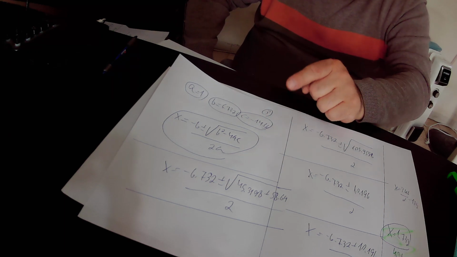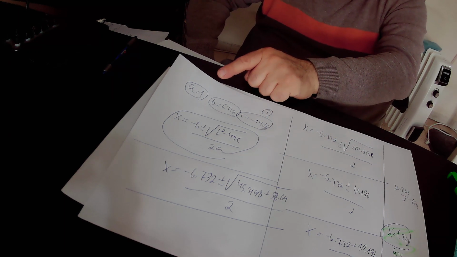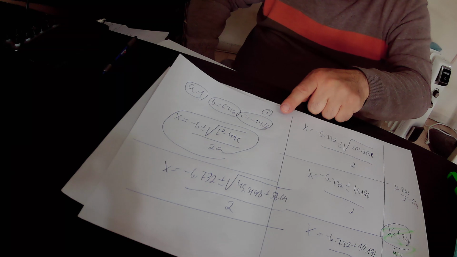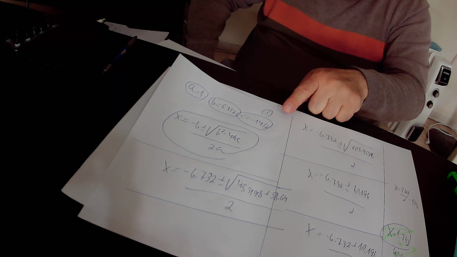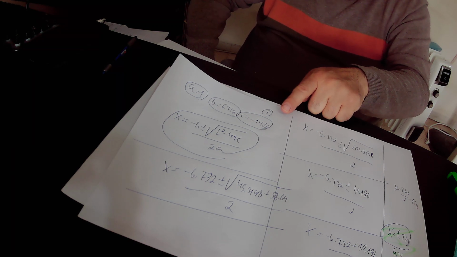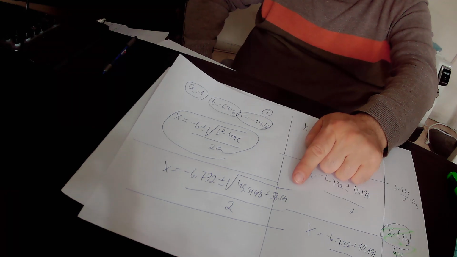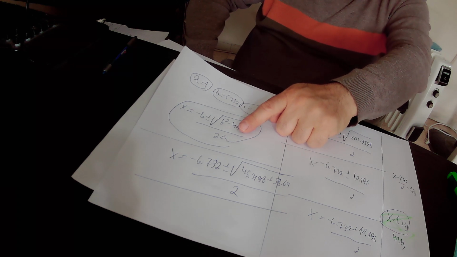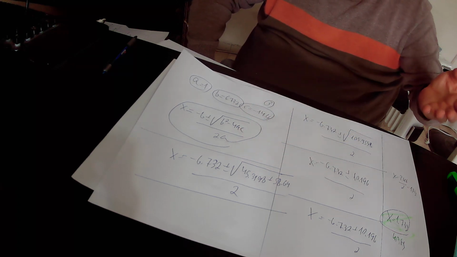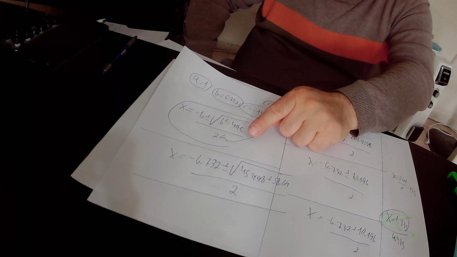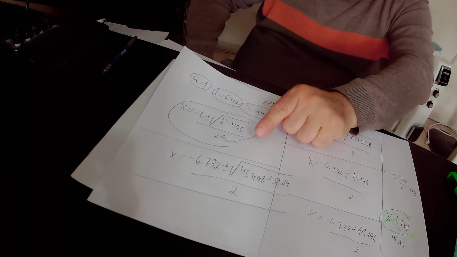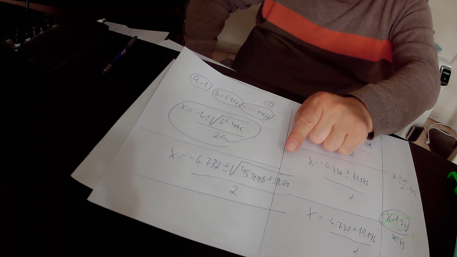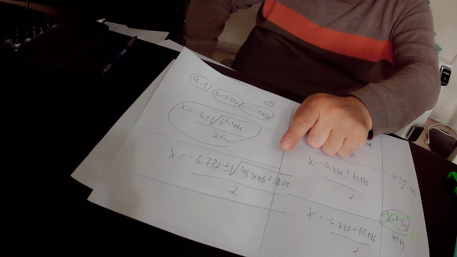So it is minus 4 times a, a is 1, so minus 4 times 1 is minus 4, times c. c is minus 14.66, and minus 4 times minus 14.66 is 58.64. Divided by 2a. a is 1, so 2a is 2 times 1, that is 2. So in conclusion, x equals minus 6.732 plus or minus the square root of 45.3198 plus 58.64, divided by 2.